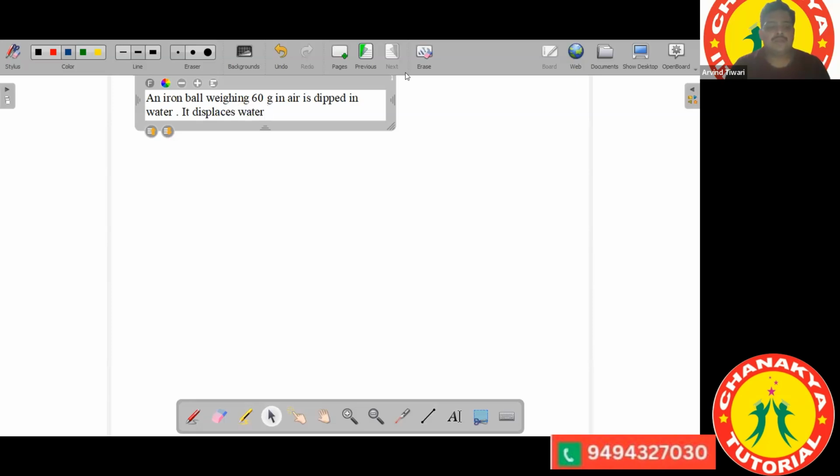It displaces water equal to 20 gram weight.